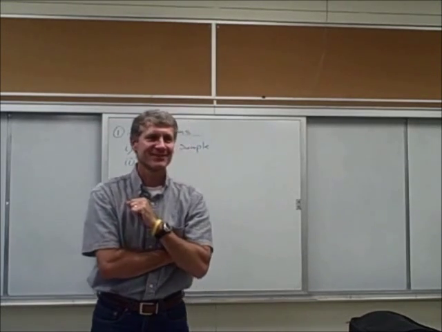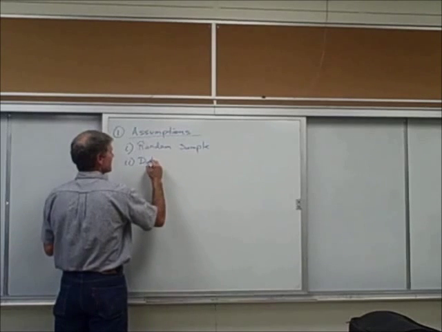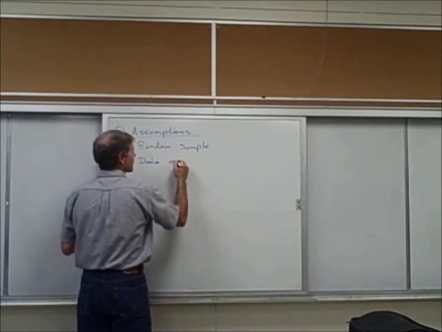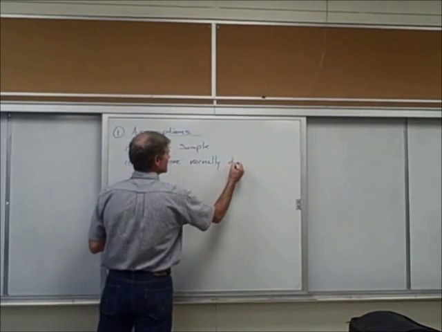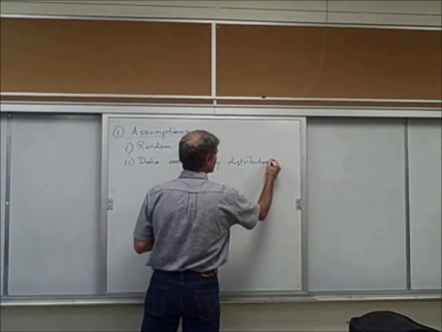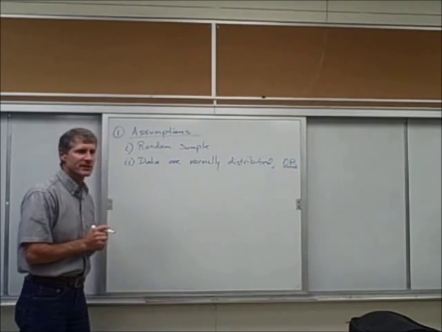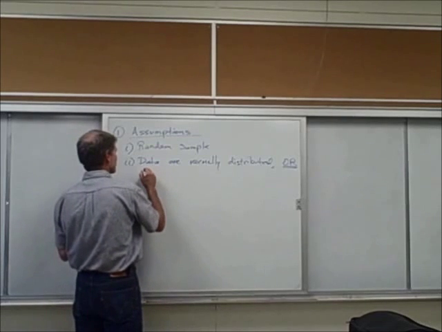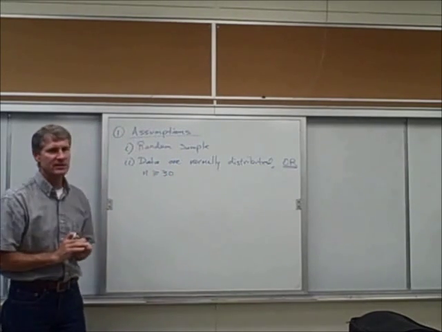Normal distribution. Normal distribution, very good. So the second assumption is the data are normally distributed or if they're not normally distributed, n must be greater than or equal to 30. So one of those 2 things has to be met.